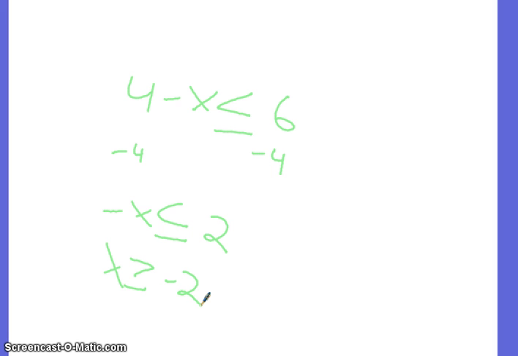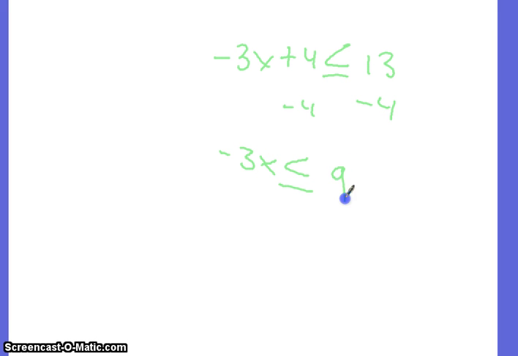All right, and even in the more complicated ones, like negative 3x plus 4 is less than or equal to 13 with the domain of real numbers, if I subtract 4 on both sides, I get negative 3x is less than or equal to 9. And then I divide by negative 3 on both sides, I get x is greater than or equal to negative 3.